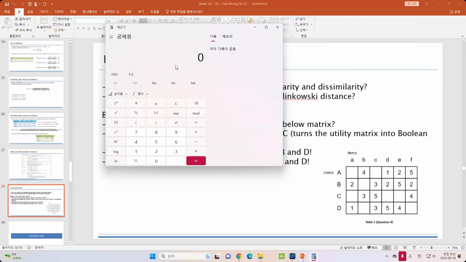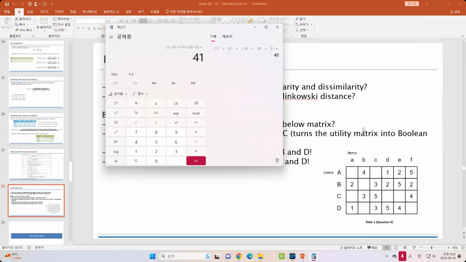Okay, so you can do the calculation. 2 multiplied by 1 plus 3 multiplied by 3 is 9. 2 multiplied by 5 is 10, plus 20, plus 0. Then the total is 41.